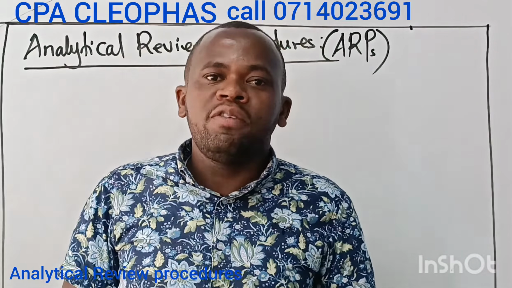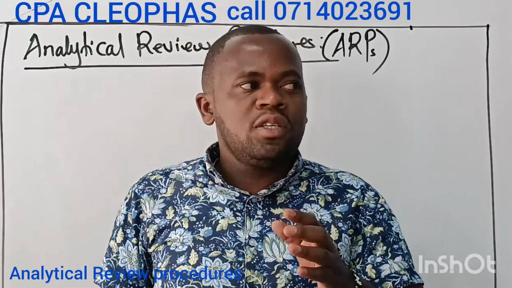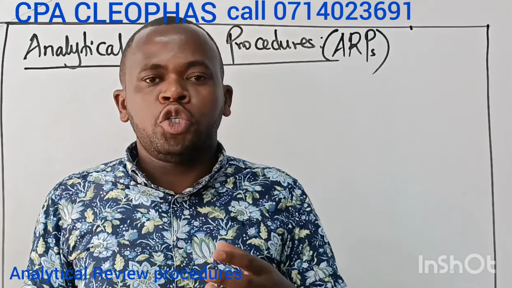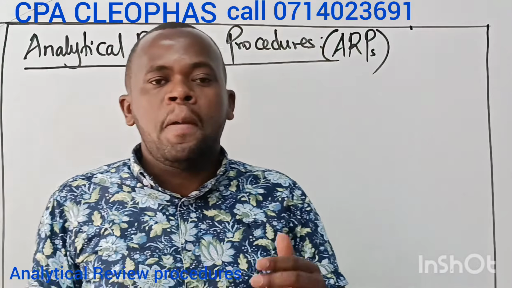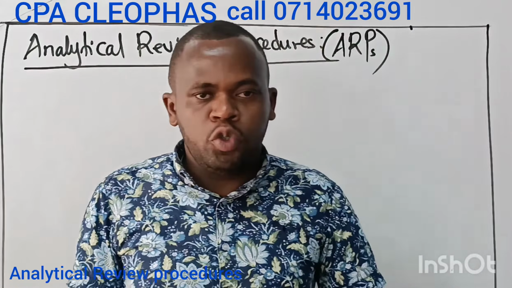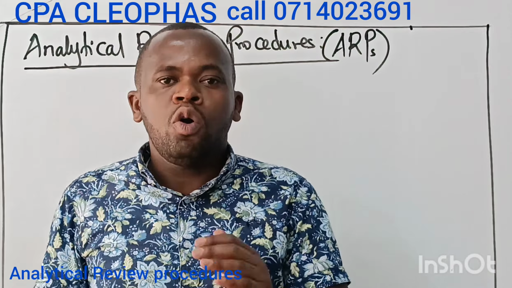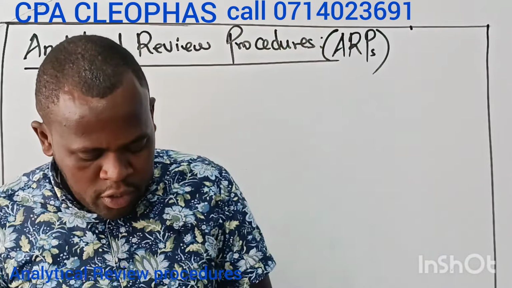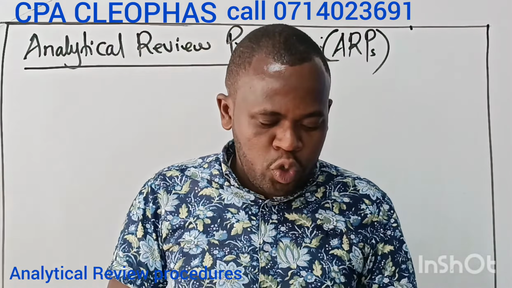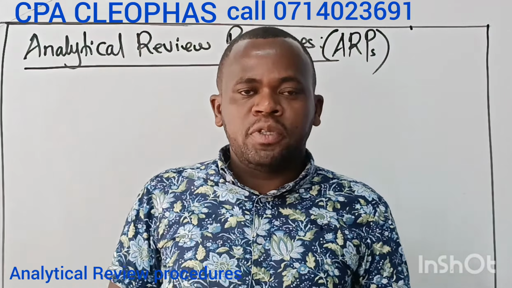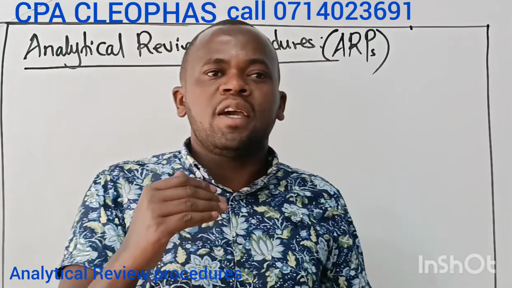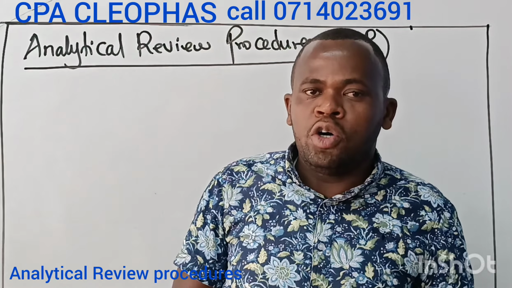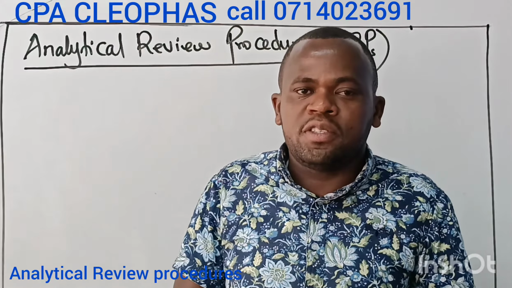Analytical review procedures are the tests performed to analyze the company's trend of performance over a period of time. That is what we refer to as analytical review procedures. It is important to know if, as a company, you planned what was expected to be incurred, or what the expected revenue was.